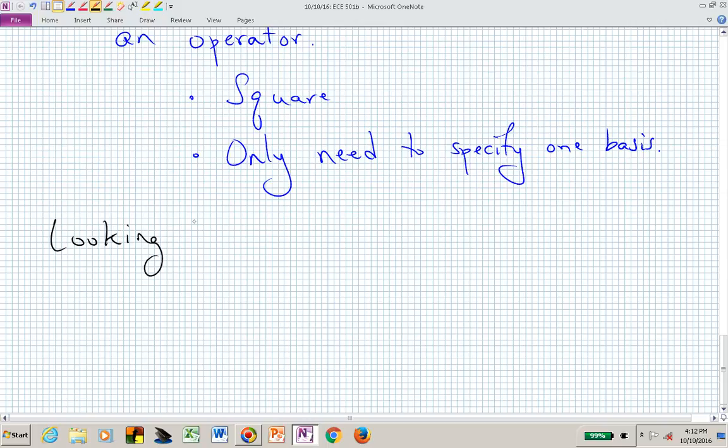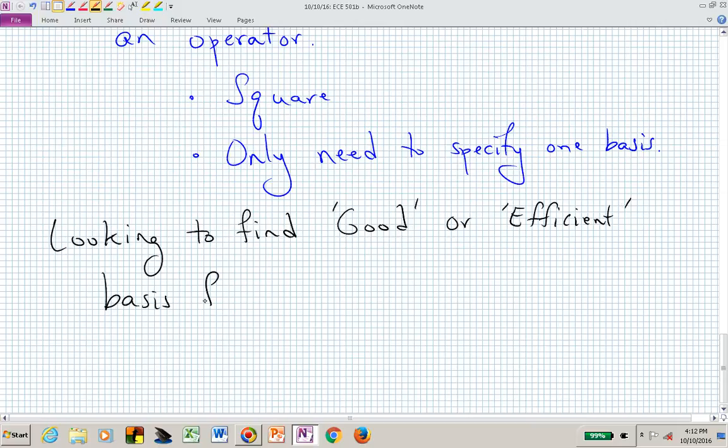We are looking to find a good or efficient basis for our linear operator or for the system.